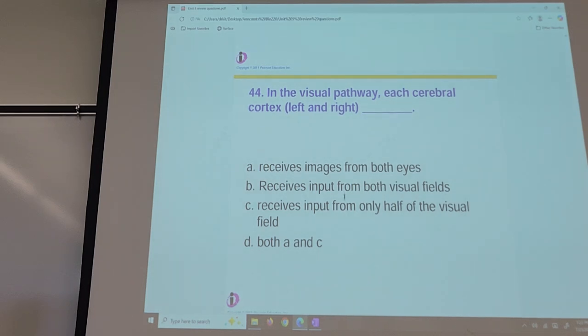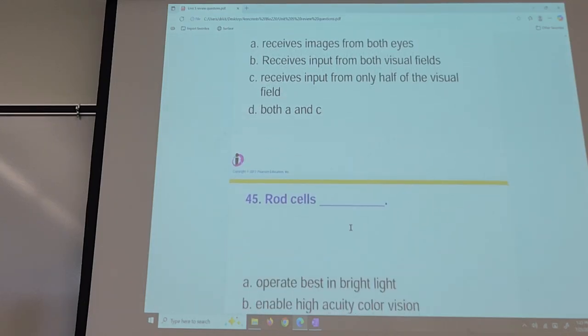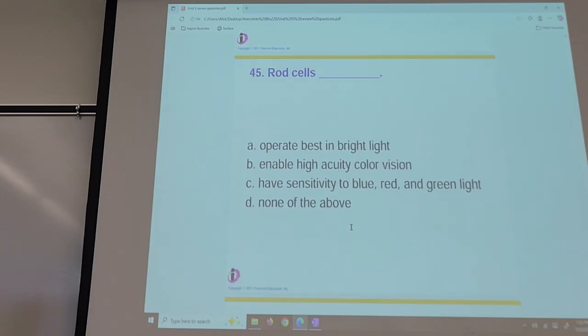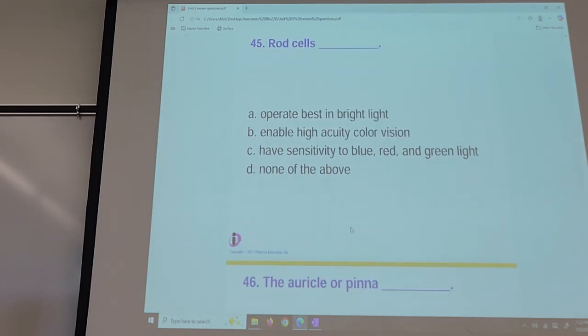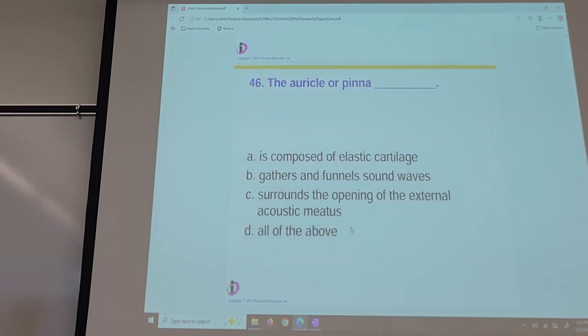Okay, so again, when you're going through that pathway, talk it out, all right? Make sure that you understand what's going where. Okay, rod cells. This is kind of repetition, so it's color, C, just a different option for me to ask the question. Auricle or pinna?